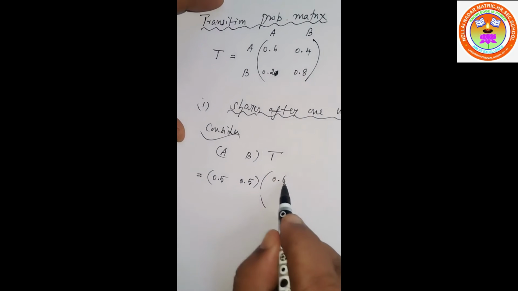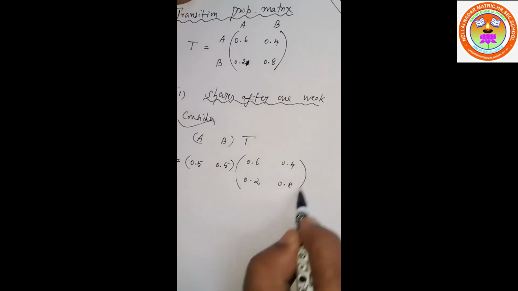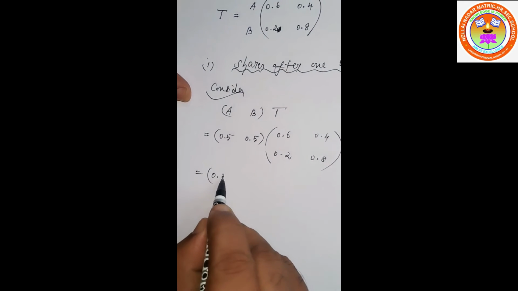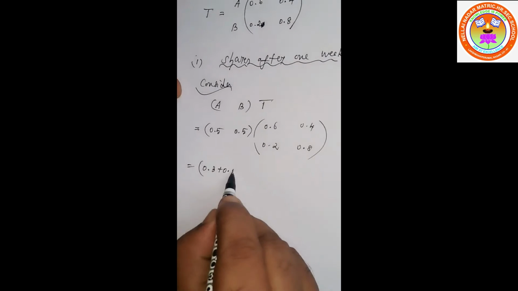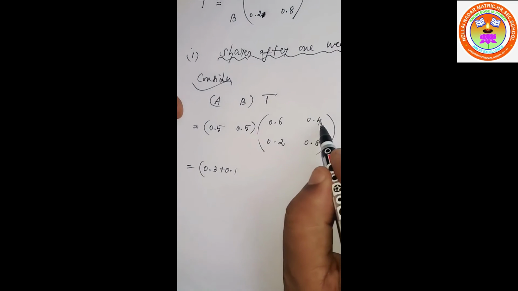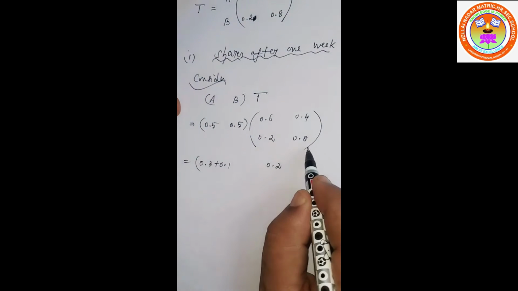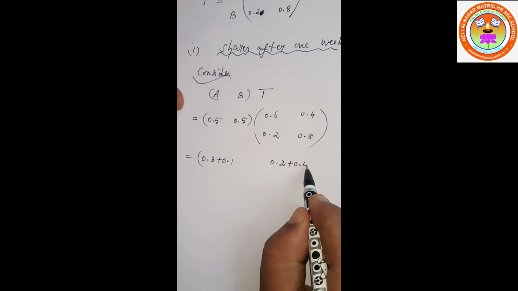Here it is 0.6, 0.4, 0.2, 0.8, equals 0.5 into 0.6, that is 0.3, plus 0.5 into 0.2, that is 0.1; 0.5 into 0.4, that is 0.2, plus 0.5 into 0.8, that is 0.4.